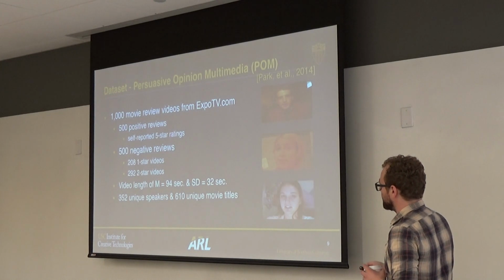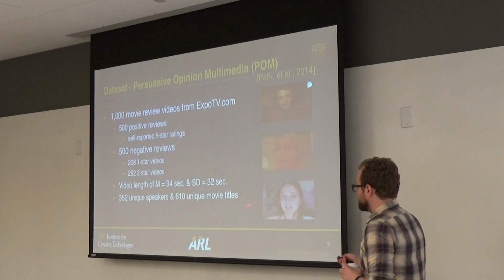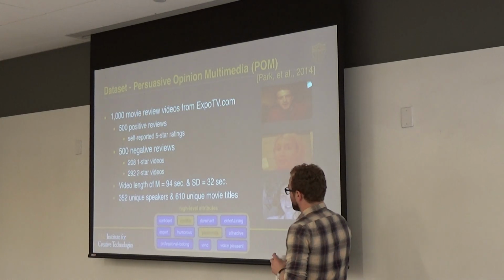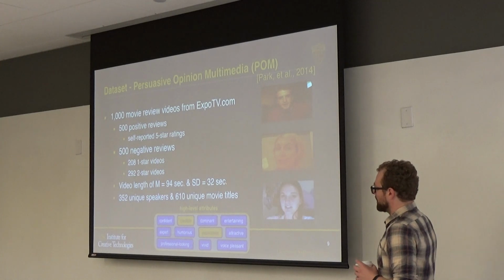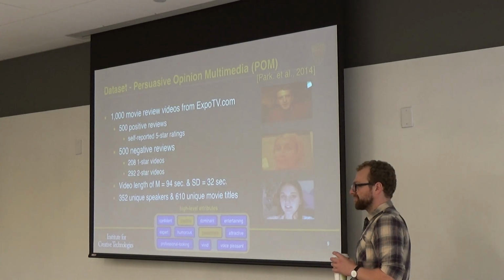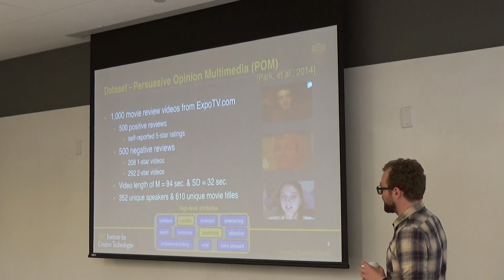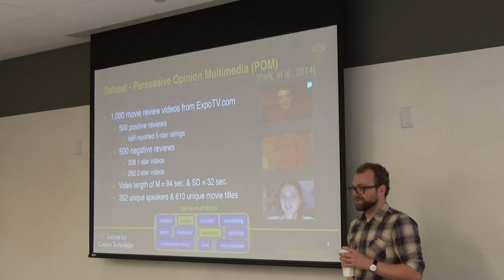Video length, we have 350 unique speakers and about 600 unique movie titles. We annotated those through Mechanical Turk on a bunch of different speaker traits. We're looking at credibility and passion. We could have looked obviously at all of them, but who wants to do all that work?